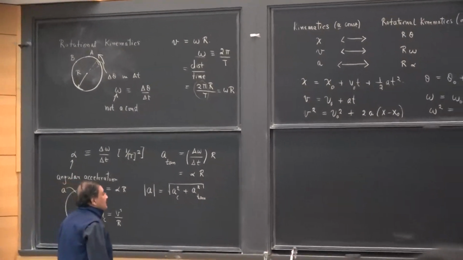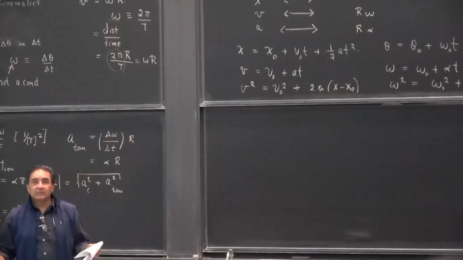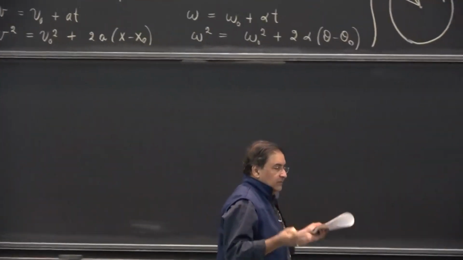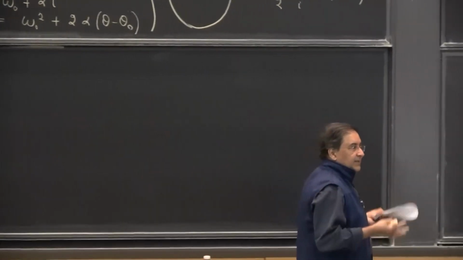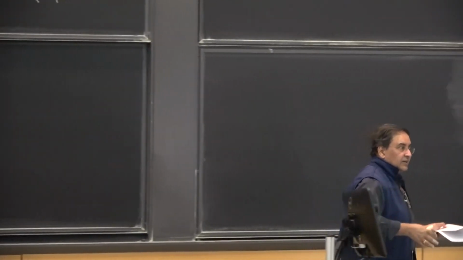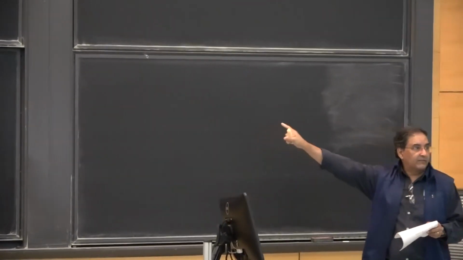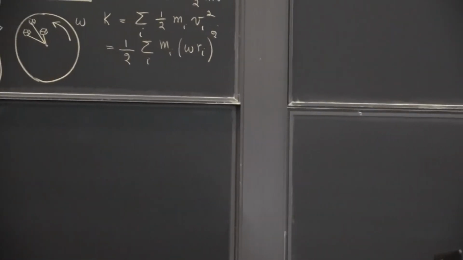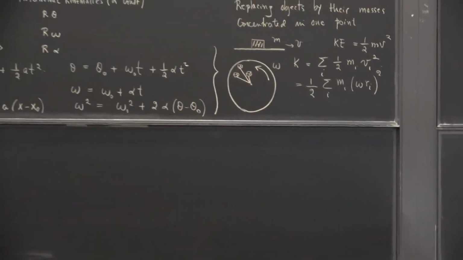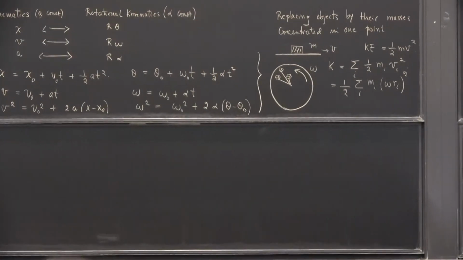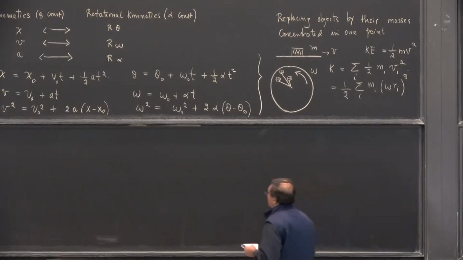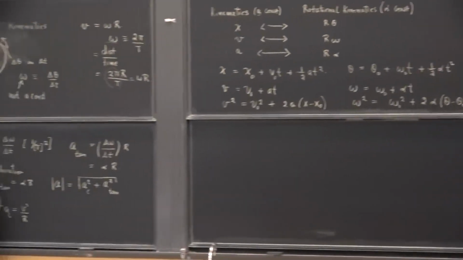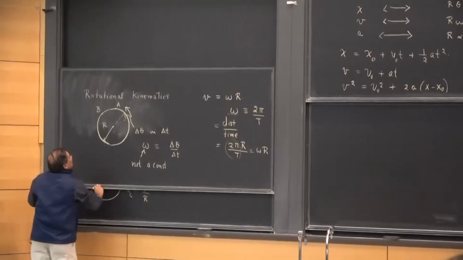But if the disk was made out of something very soft, like jello or hair gel, and you were rotating that, you wouldn't be able to do what I have done, because I have said that the angular speed omega is the same everywhere. It will not be the same everywhere if it's a floppy object. But this is a rigid object, so we should be careful and say that we are doing rotational kinematics of rigid objects.